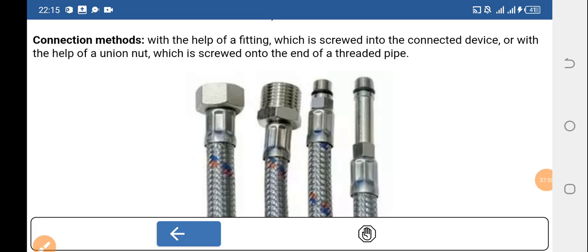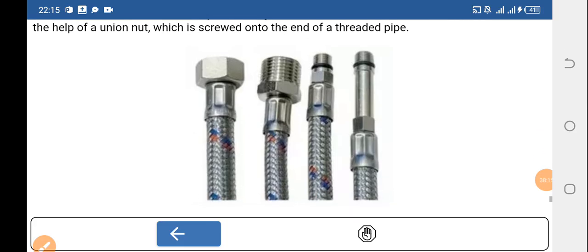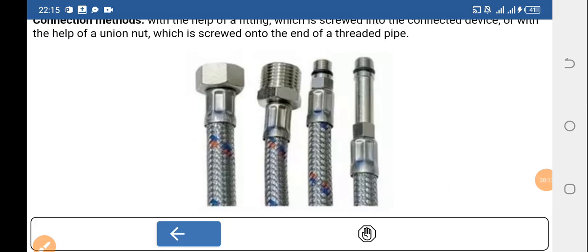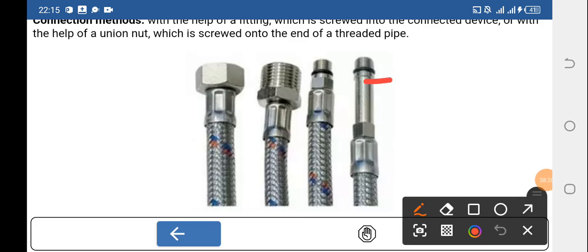Then the connection method is with the help of a fitting, which is screwed into the connections and connected device, or with the help of a union nut. Look at this. We have different types of flexible connections. We have this one, then this male, female, male, and also the inner.